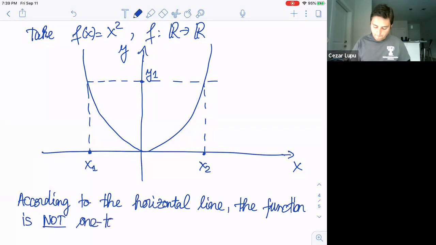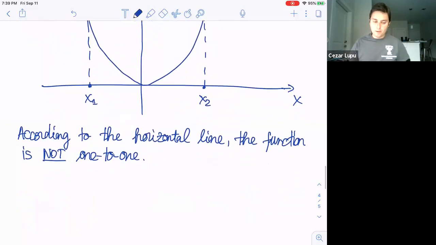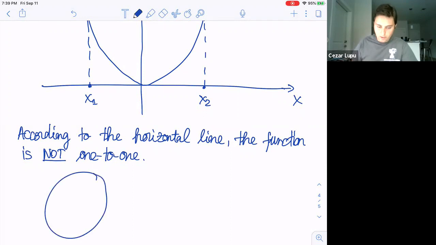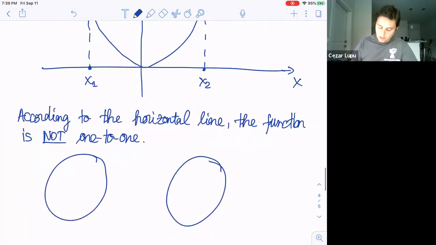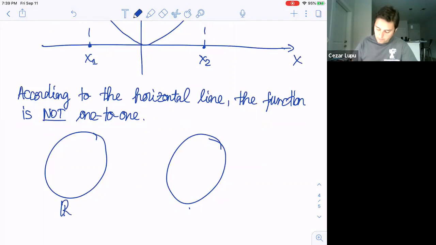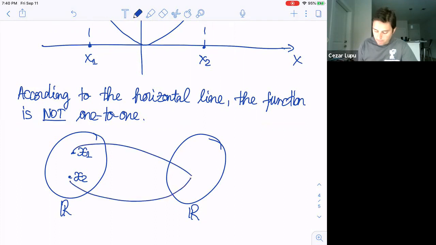Just note the following. If we look at the domain, in our case it is R, and the codomain is R. If I take these 2 points, x1 and x2, guess what? Both of them are mapped into the same point, y1.